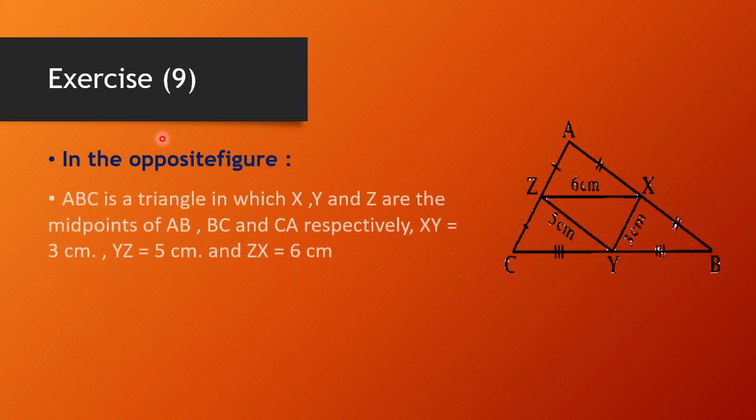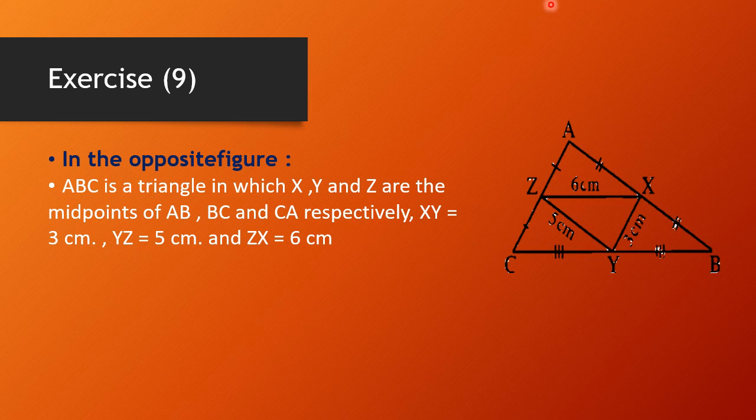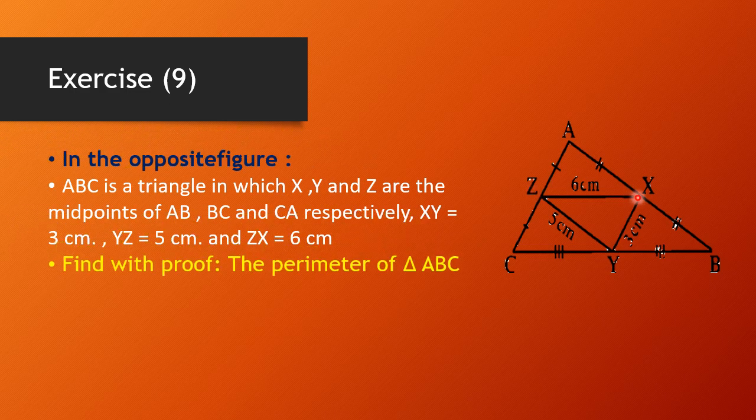In the opposite figure, ABC is a triangle in which X, Y, Z are the midpoints of AB, BC, and CA respectively. XY equals 3 cm, YZ equals 5 cm, ZX equals 6 cm. Find with proof the perimeter of triangle ABC.